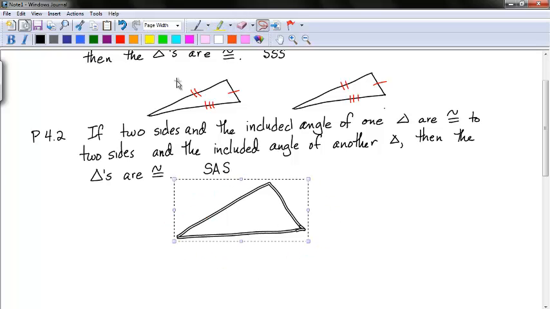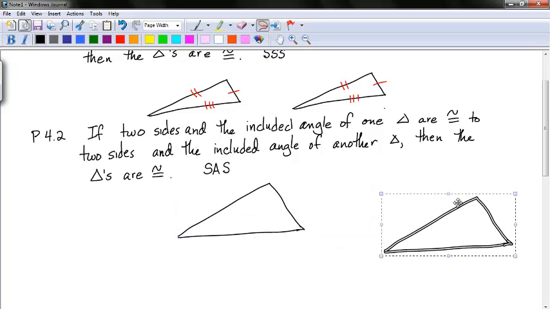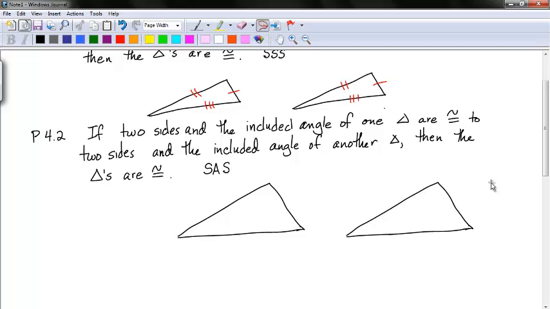So picture-wise, draw a triangle. Label this one B, Y up at the top, and A. Remember, your angles are always uppercase letters.